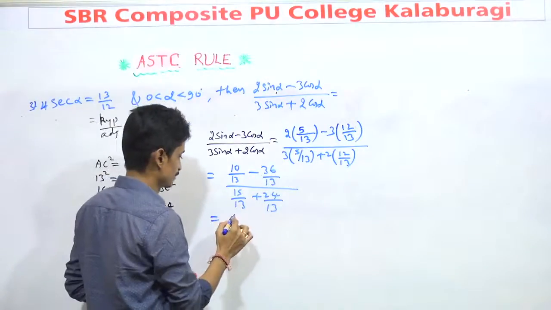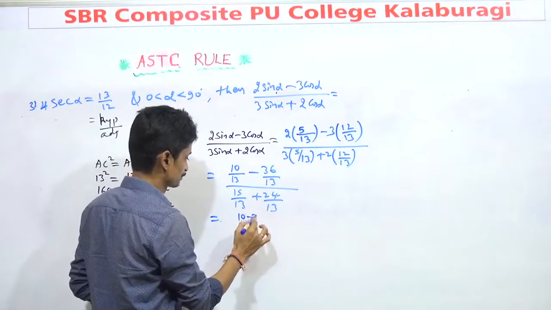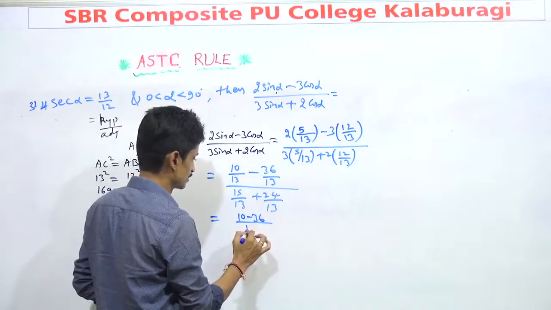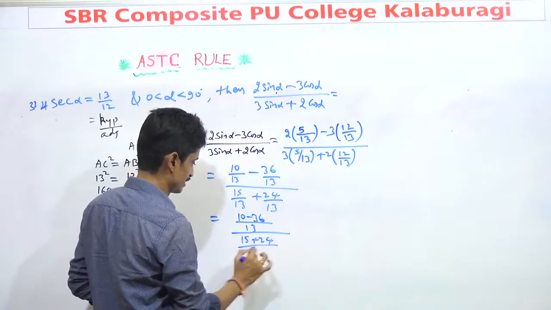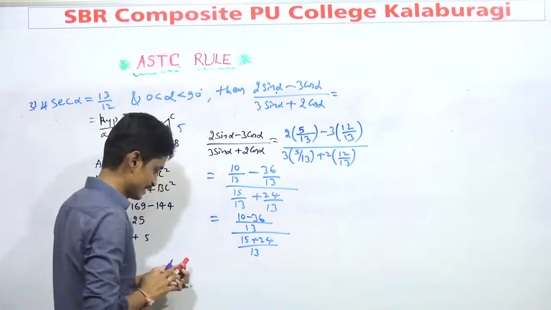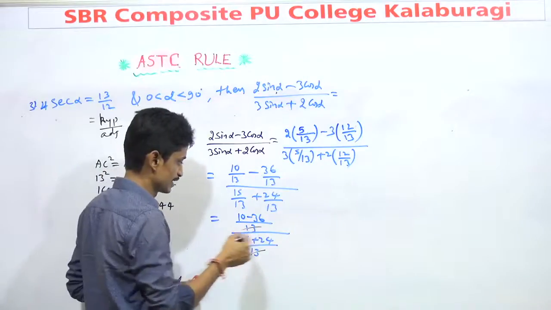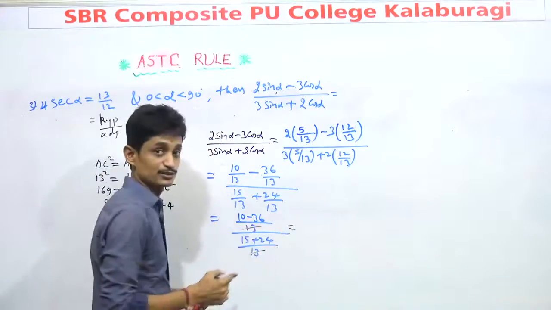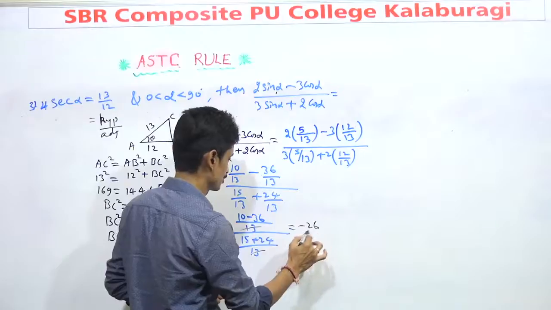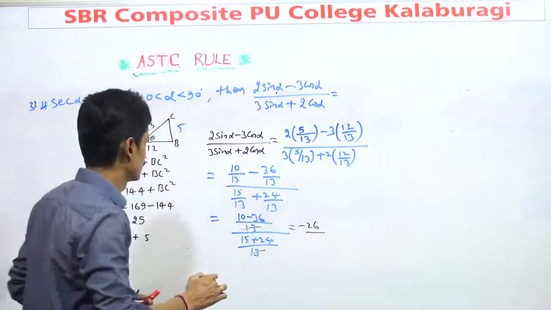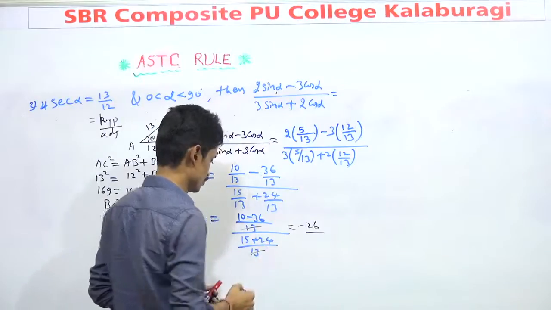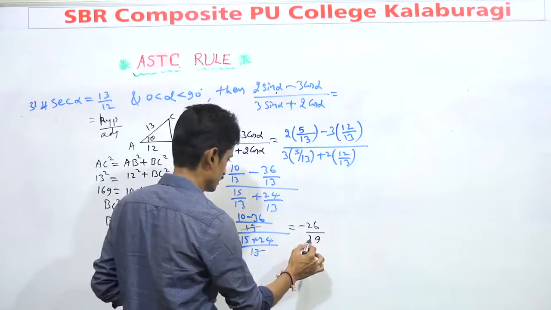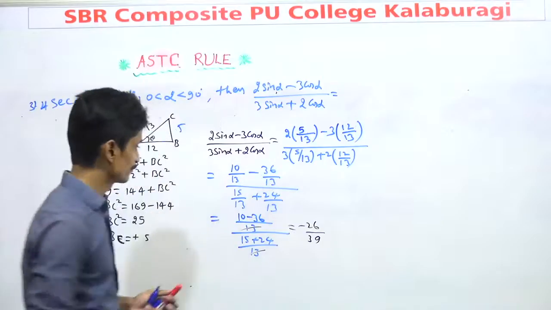Same denominator, so 10 minus 36 by 13 upon 15 plus 24 divided by 13. The 13 and 13 get cancelled. 10 minus 36 is minus 26, divided by 15 plus 24, which is 39. Don't get confused here, sir.